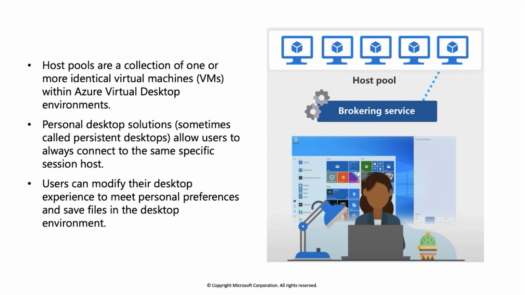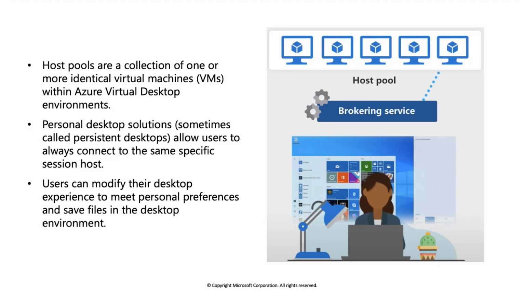So here, if you look at this reference, you have personal desktops, you have pool desktops, and the users also have the flexibility. They can modify their desktop experience. The reason is, I might have some of my own preferences, saving files, shortcuts, everything.